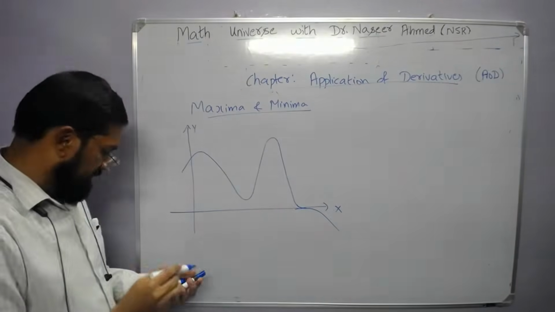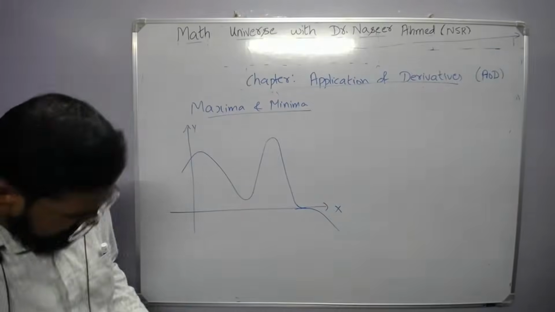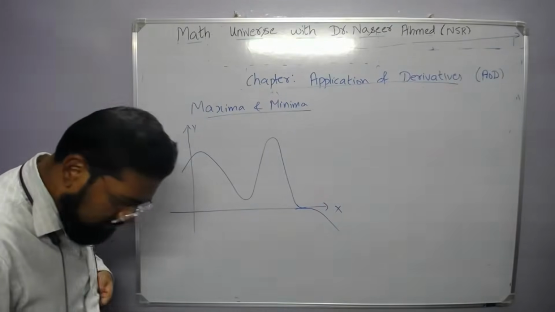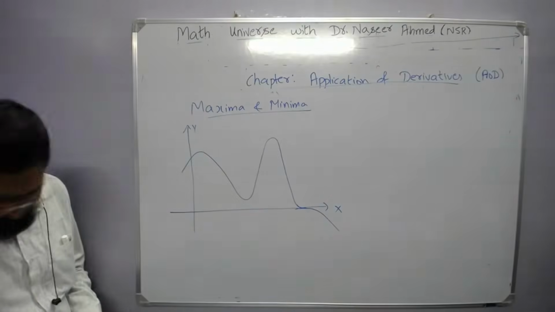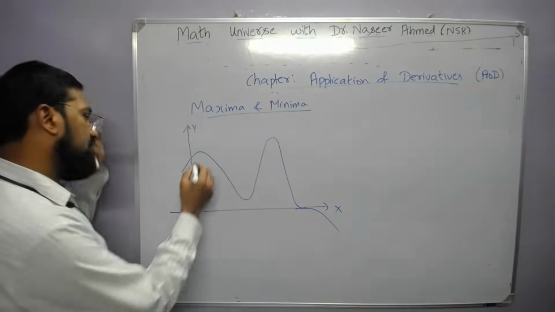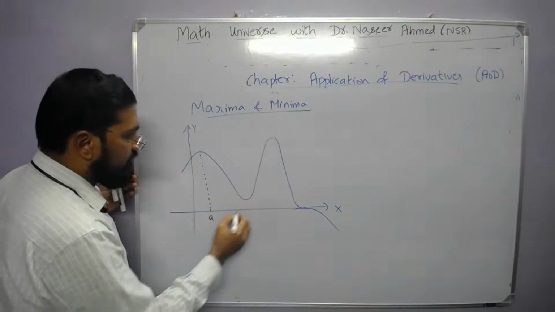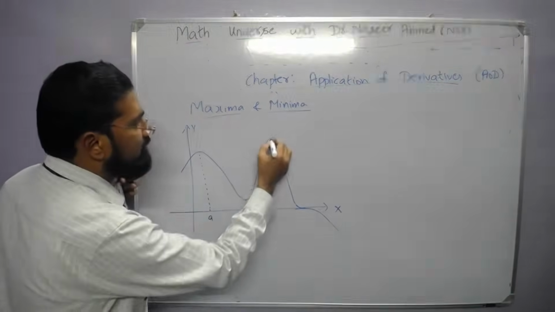Now, let me name this graph point by point. Fine, no problem. See, here, I'm just labeling some points.